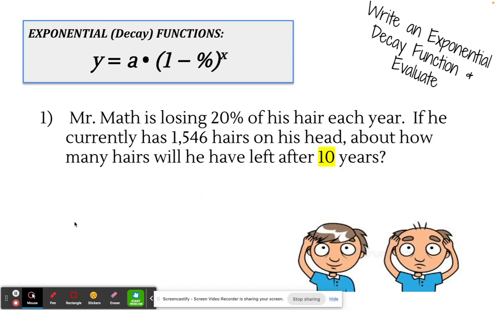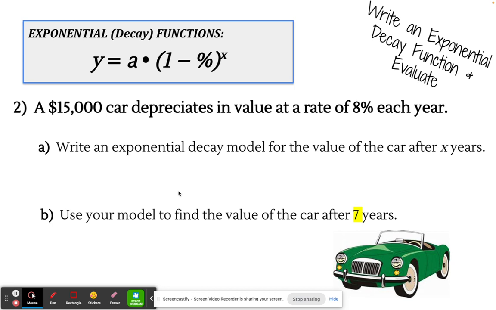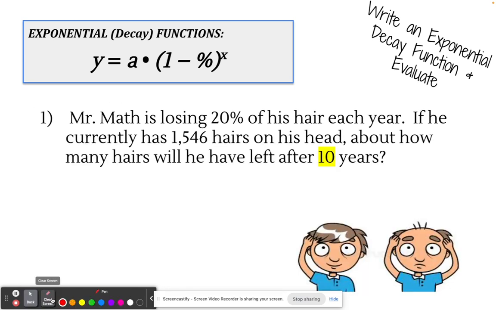So we have Mr. Math is losing 20% of his hair each day. Wonder why. If he currently has 1,546 hairs left on his head, how many hairs will he have after 10 years? Well, we're starting from 1,546 hairs.